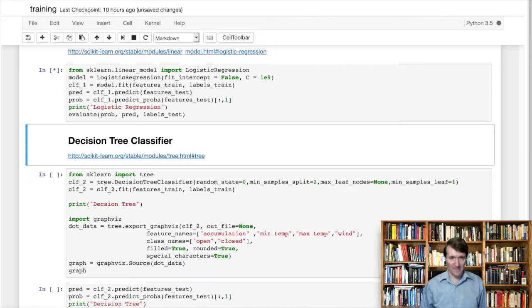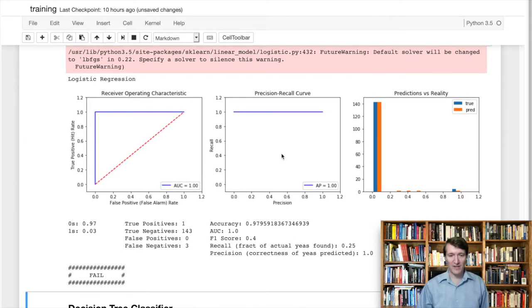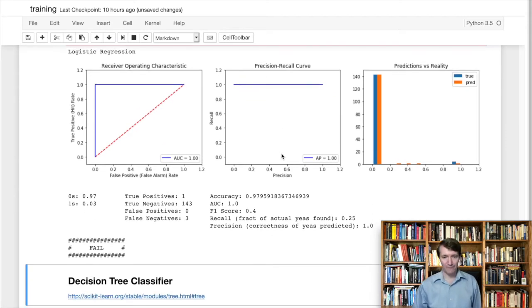So if I run this, okay, now here we got really, really lucky, or at least in some respects we did. We got a true positive, and we got a lot of true negatives. We got 0 false positives and 3 false negatives. And so that actually means that our precision was really good.